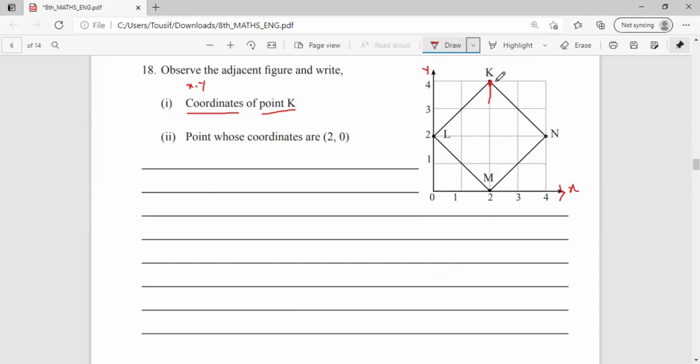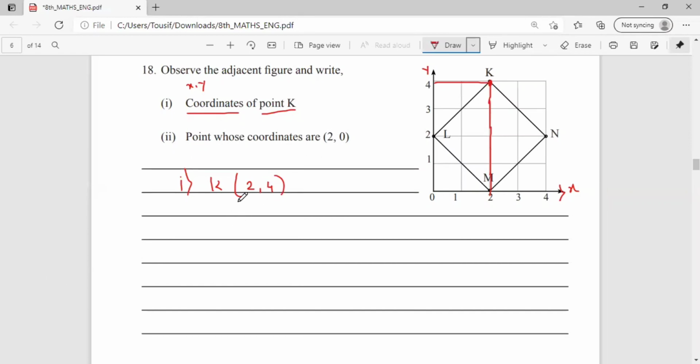Which point do we come across on our x-axis? That is 2. So K of, the x value is 2, comma. Now moving towards y to find the y value, that is 4. So the y value is 4. So K of 2 comma 4 is the coordinate of point K.